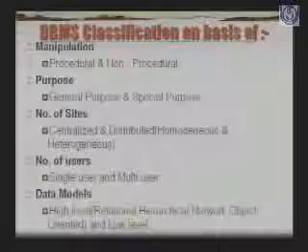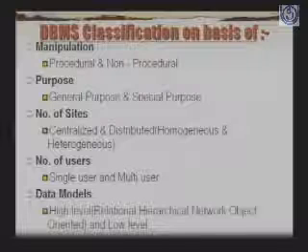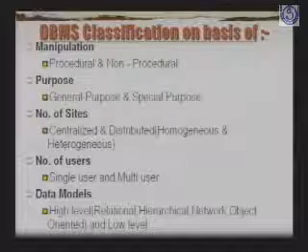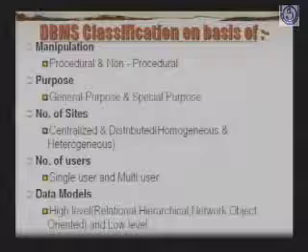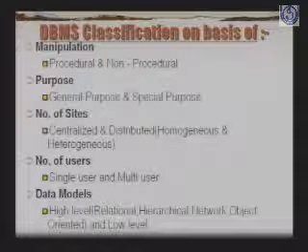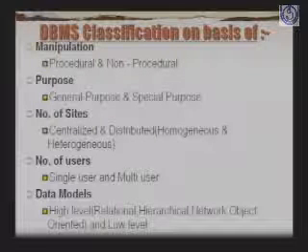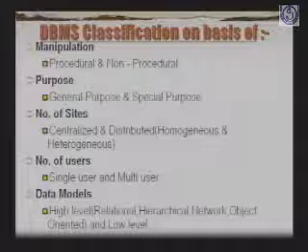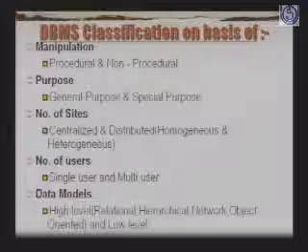Okay, no problems. So actually the database is classified on the basis of the manipulation purpose, number of sites, number of users, and the models. On the basis of manipulation, the database is classified as procedural and non-procedural. On the basis of set theory also, we have two types of queries, the procedural query and the non-procedural query.